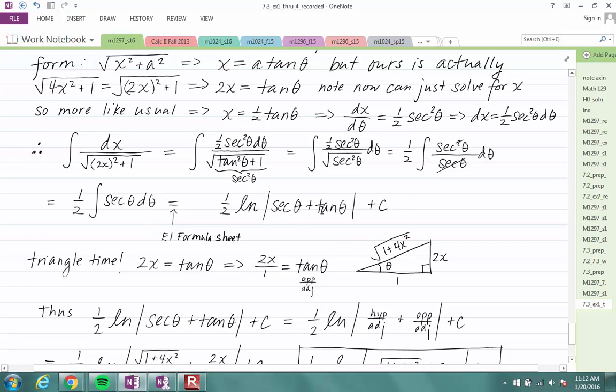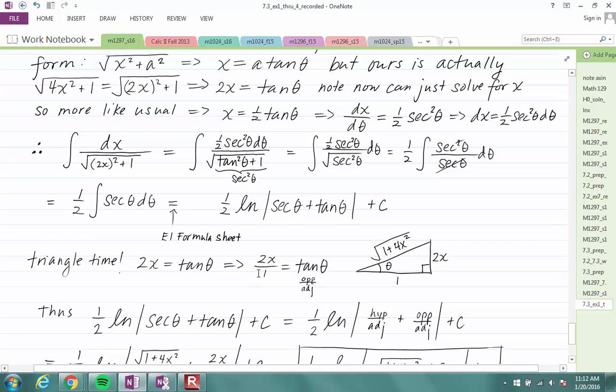And then we have everything in terms of theta, we need it in terms of x. So use that triangle thing. And here's where you have to remember that your substitution for x was not quite that. You can have it in either form, 2x equals tangent theta, or x equals 1/2 tangent theta, either one. And then you play this game like you normally would, except it's 2x instead of x.